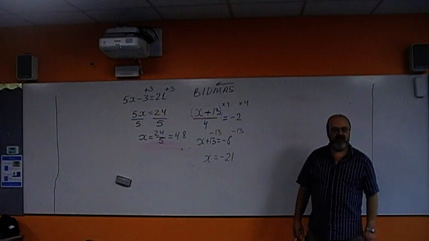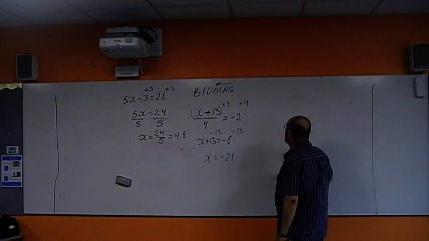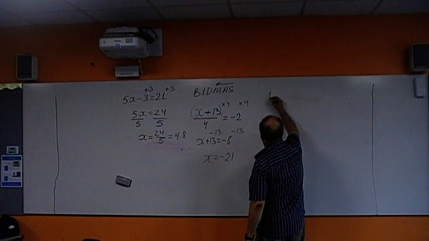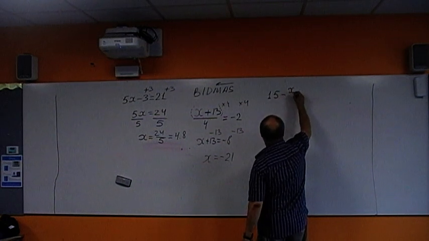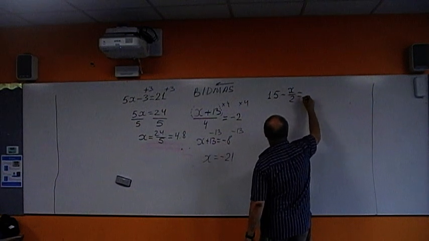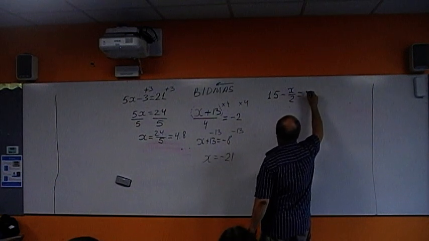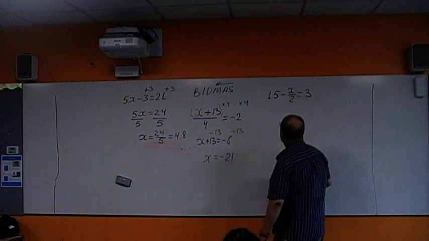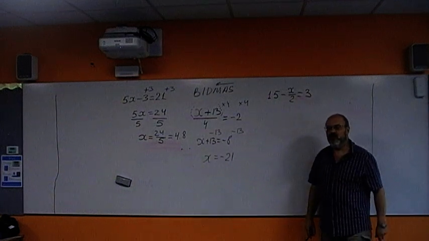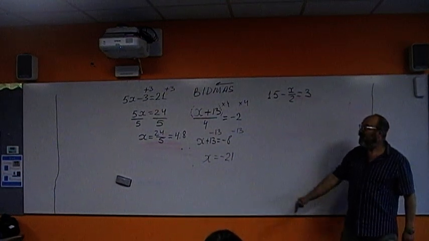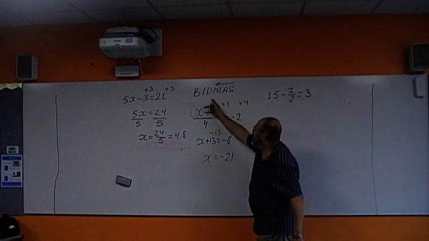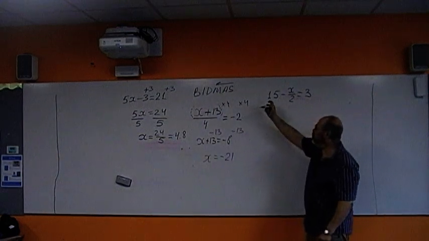Now another example, if we have 15 minus x on 2 equals 3. What should be our first step? Minus 15. We're working through BIDMAS, so we look first for addition or subtraction.